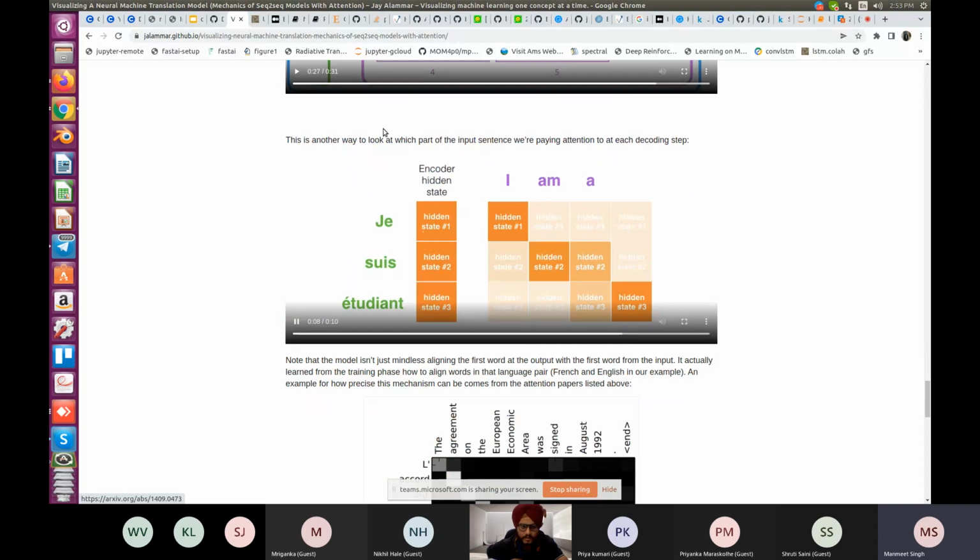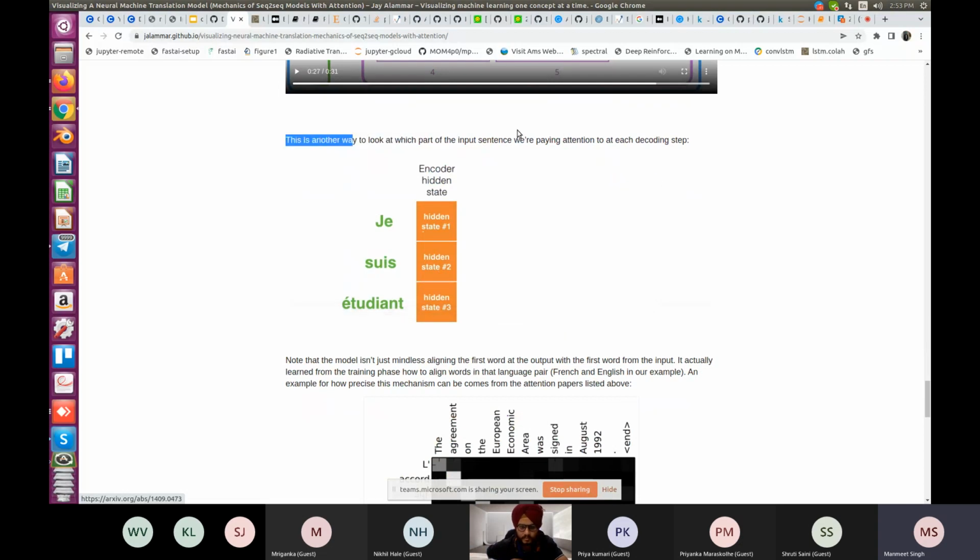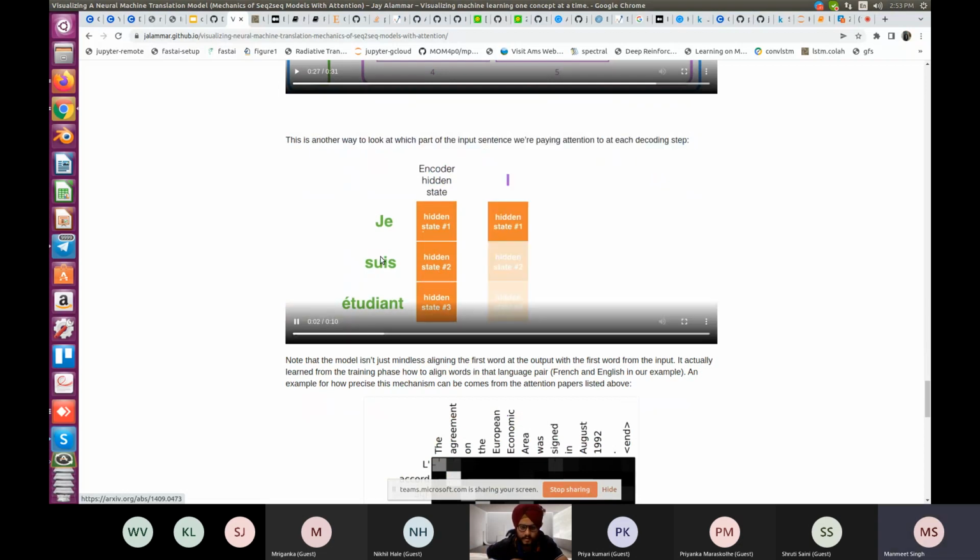There is another way you can look at this. Each word has generated its own hidden state. So these are hidden state 1, hidden state 2, and hidden state 3.